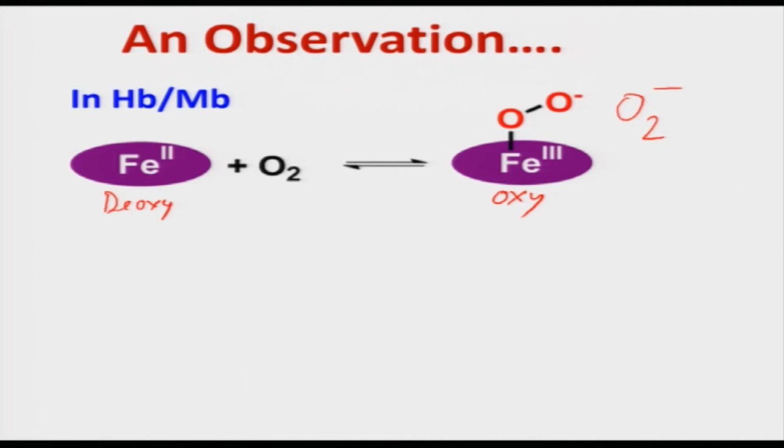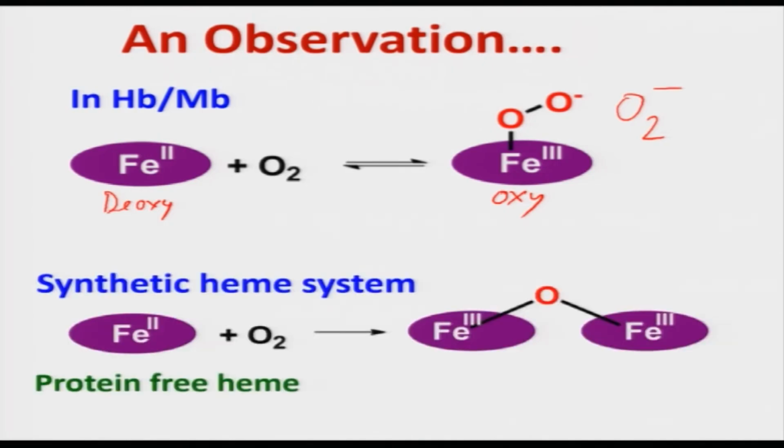In contrast, if you have a synthetic heme unit, a protein free heme, like if you make some molecule in the laboratory, what happens? It also reacts with dioxygen, but in a completely irreversible way. It immediately forms this iron 3 mu oxodimer, which is very stable.